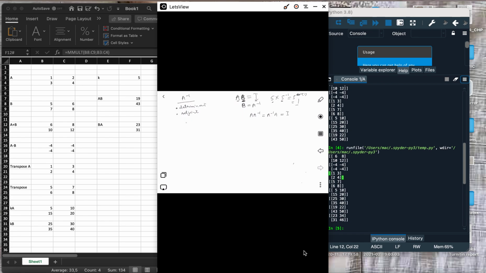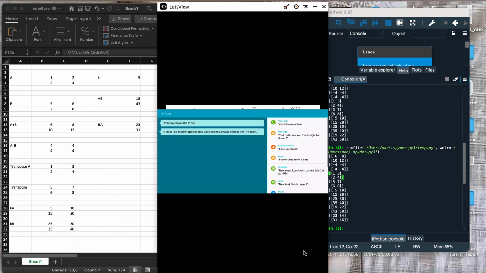Now let's look at how to find the inverse of a 2 by 2 matrix. If I have matrix A given as A, B, C, D, then first I need to find the determinant, and then I find the adjoint. The determinant of a matrix is simply the absolute value of that matrix. For a 2 by 2, it is the product of members on the leading diagonal minus the product of members on the other diagonal.